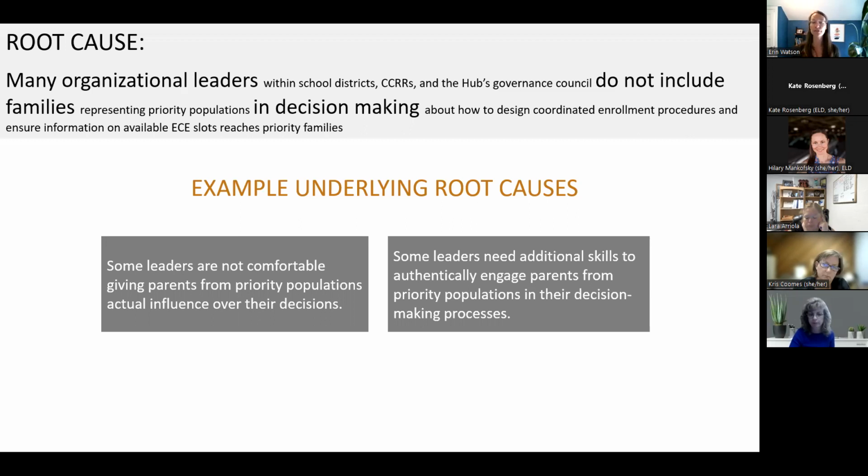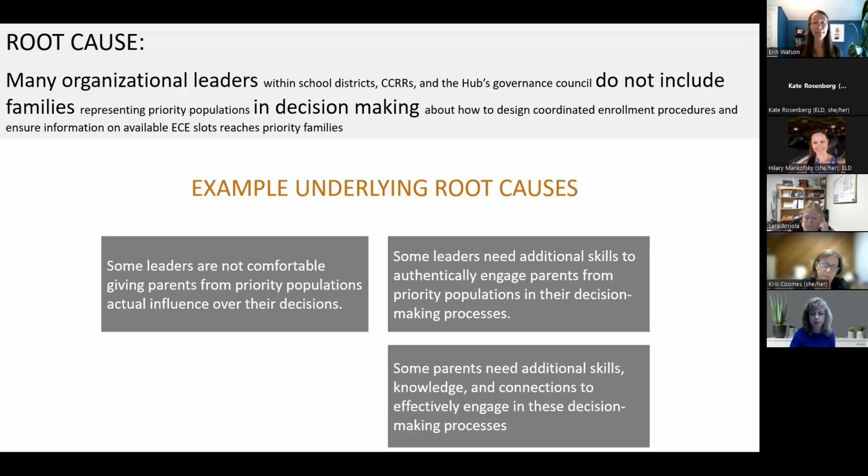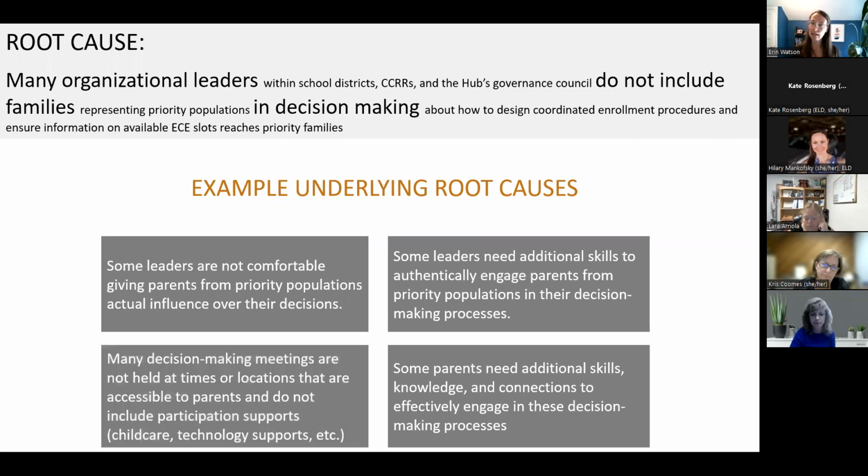There could be other types of skill areas that they don't have. Similarly, some parents might need some additional skills to powerfully play leadership roles in meetings like this: communication skills, advocacy skills, etc. And as came up in every RSA I looked at, many decision-making meetings, both within the hub as well as other types of settings like CCR&R, school districts, etc., aren't always held at times or locations that are accessible.